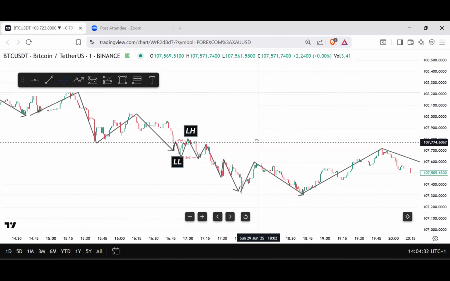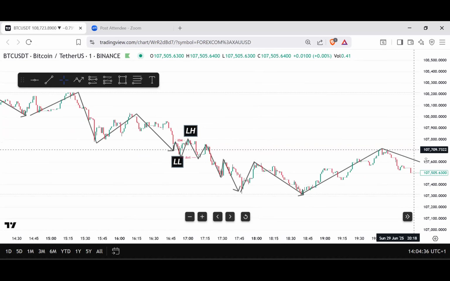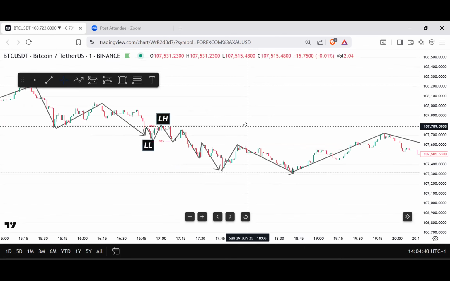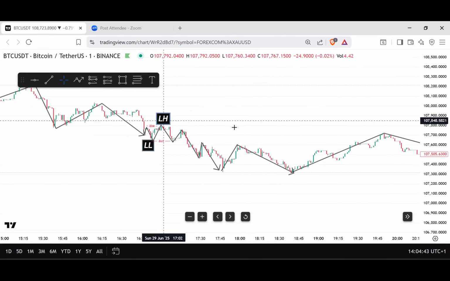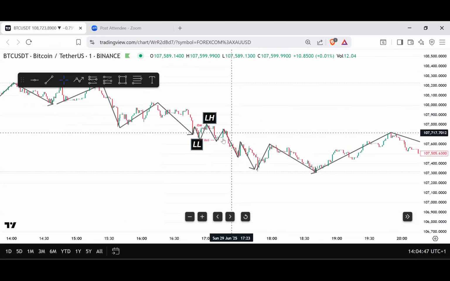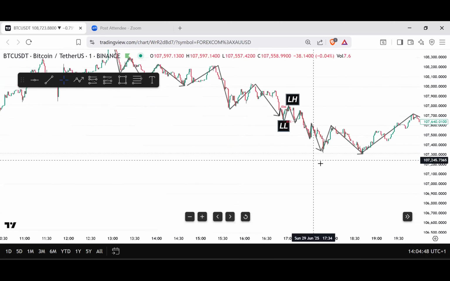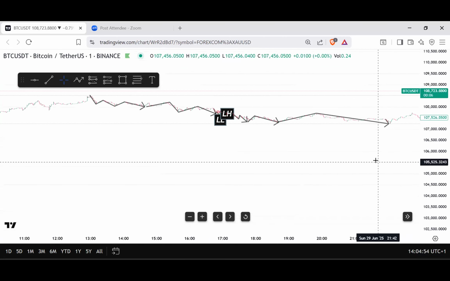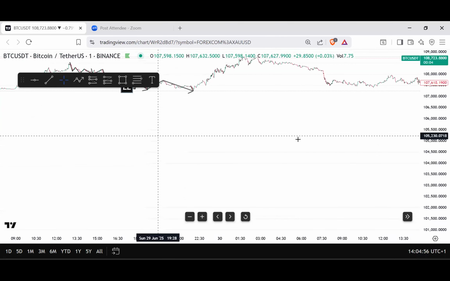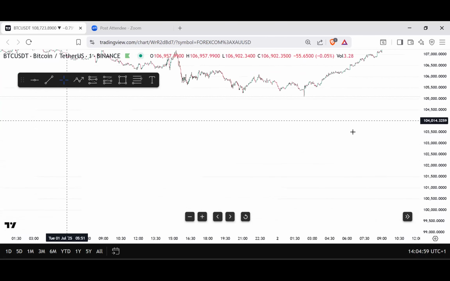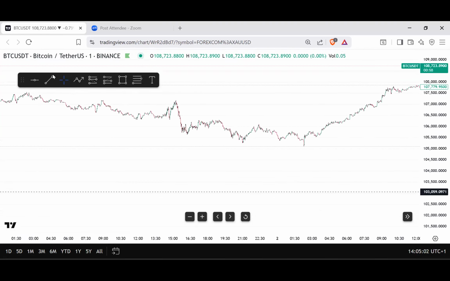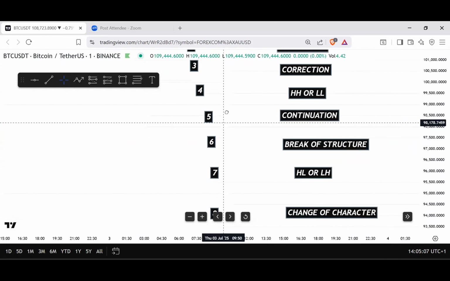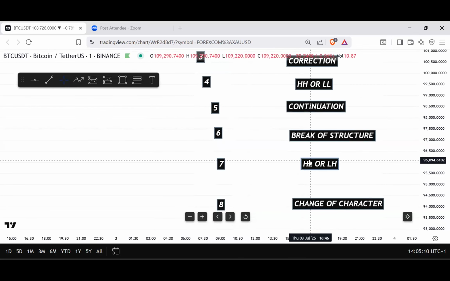Then number 7. I'm trying to remember what we said is number 7. Right. Okay. Well, number 7 is, in this case, higher high, higher low.